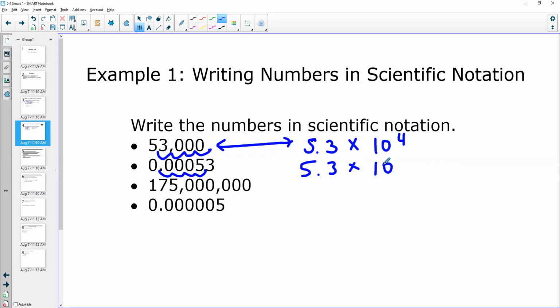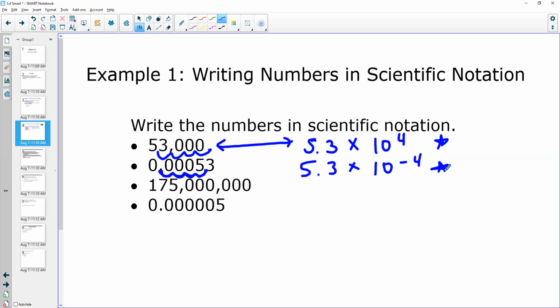So instead of a positive exponent, because I'm turning this number into something really small, I use a negative one, and it's the number of places I move the decimal. So 1, 2, 3, 4, 10 to the negative fourth. This is the difference. 10 to the fourth is a big number. 10 to the negative fourth gets me a small number.